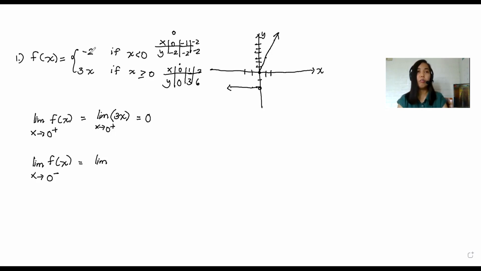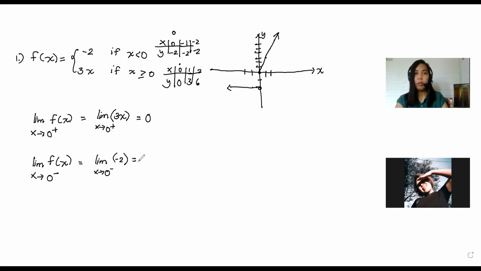So the function is negative 2. One of the theorems says that the limit of a constant function is what? What is the limit of a constant function? This one.